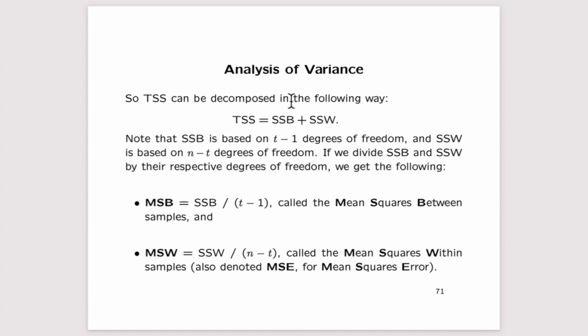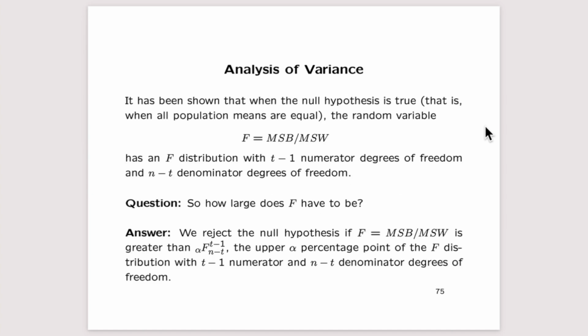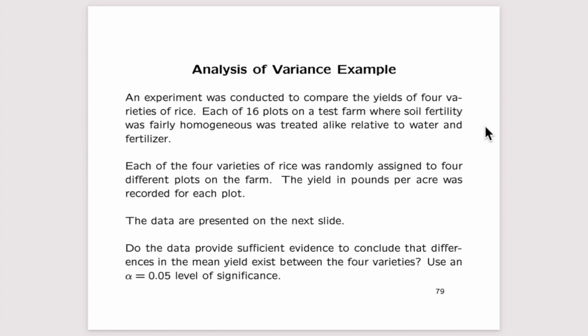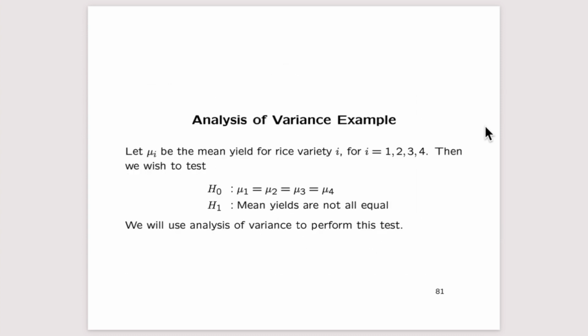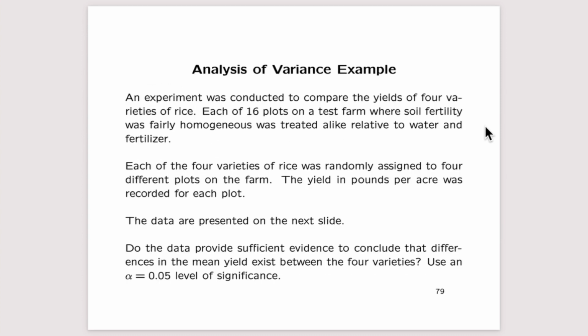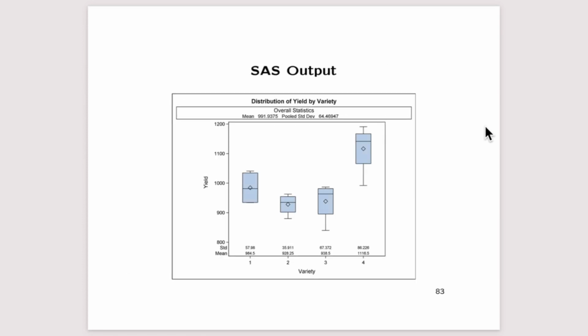you get the sum of squares between by subtraction. Again, that is the way that I like to approach this because I think it's the easiest way to do it. In fact, if I scroll forward here in these notes, we'll find the example where we actually perform this. We had this example involving the 4 rice varieties, and we wanted to compare the average yield for those 4 rice varieties.